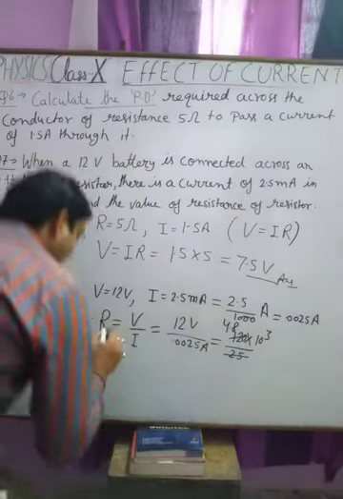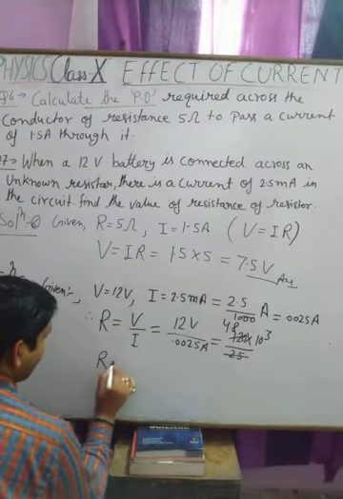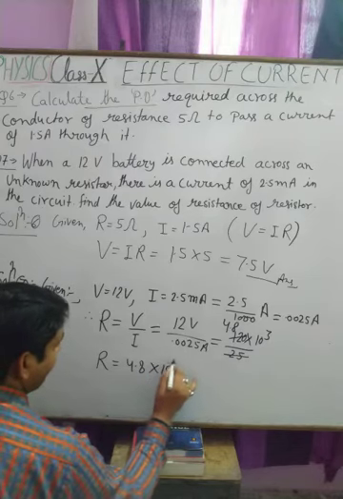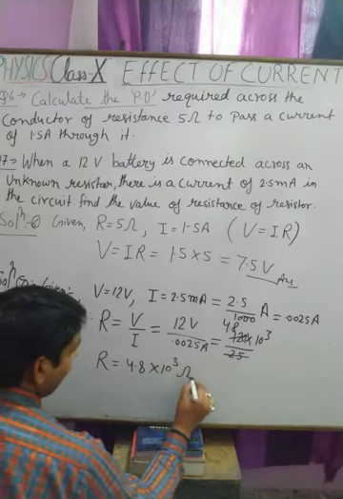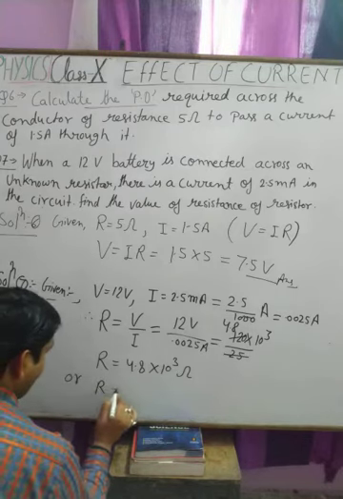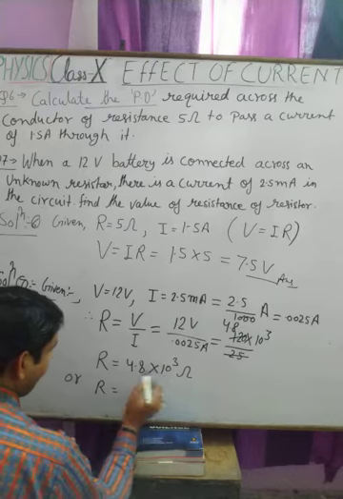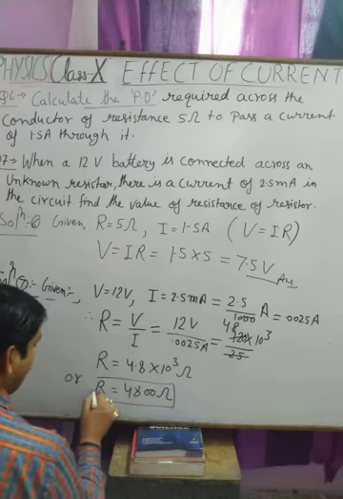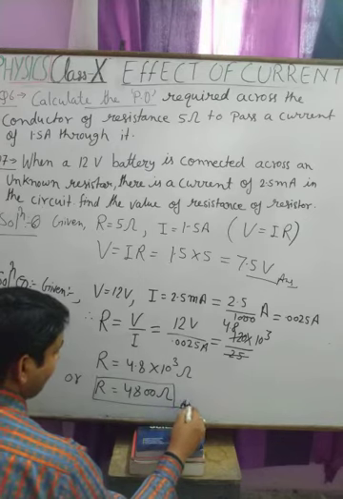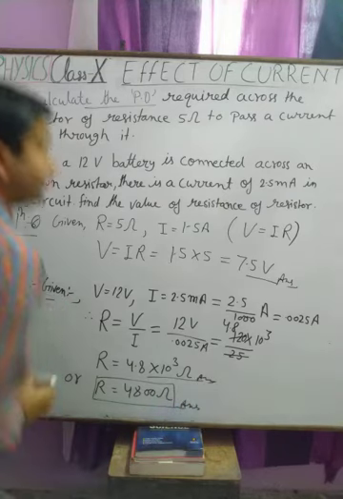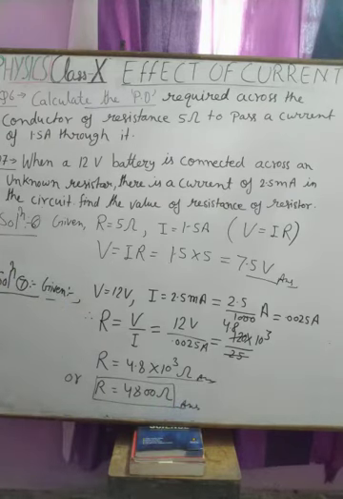That is the value of resistance is 4.8 into 10 to the power 3 ohm, or by multiplying by 1000 we get 4800 ohm. This is the resistance of that unknown resistor. Okay, copy these two solutions.